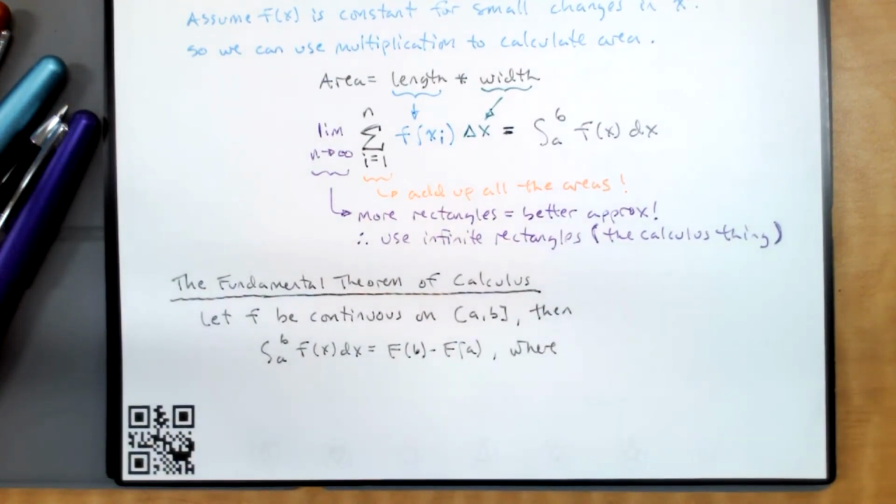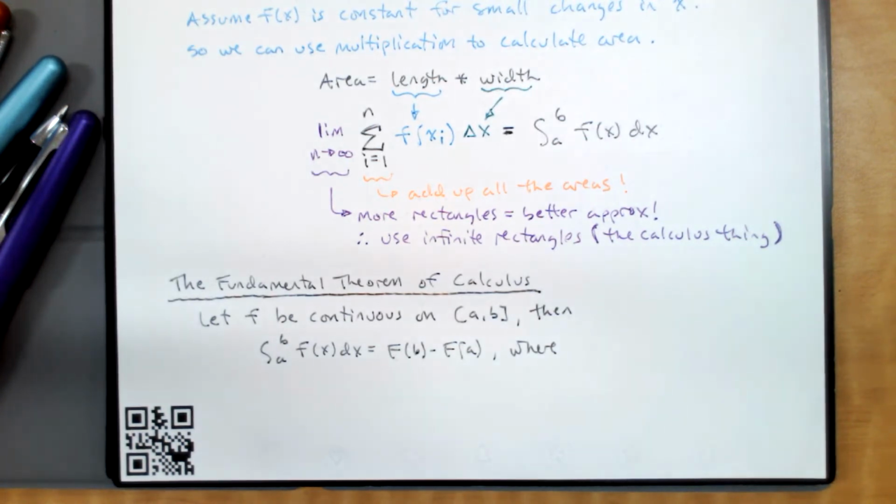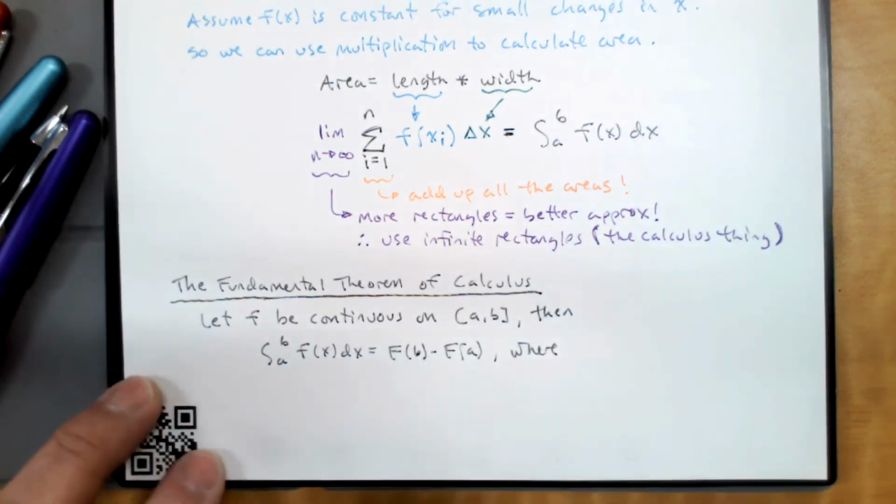So the fundamental theorem of calculus starts by saying, let f be a continuous function on a closed interval. Then the definite integral from a to b of f of x dx is capital F at b minus capital F at a, where capital F is an antiderivative of little f.